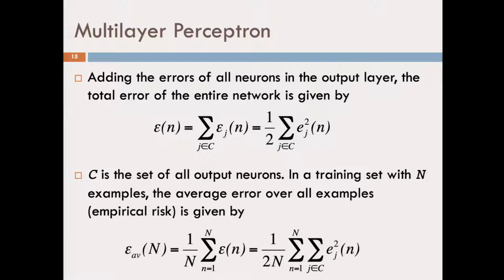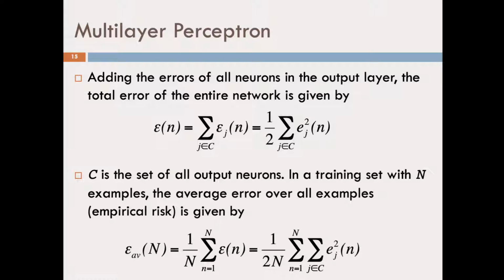Look, it's an average of the error that was obtained by the neural network in each instance.